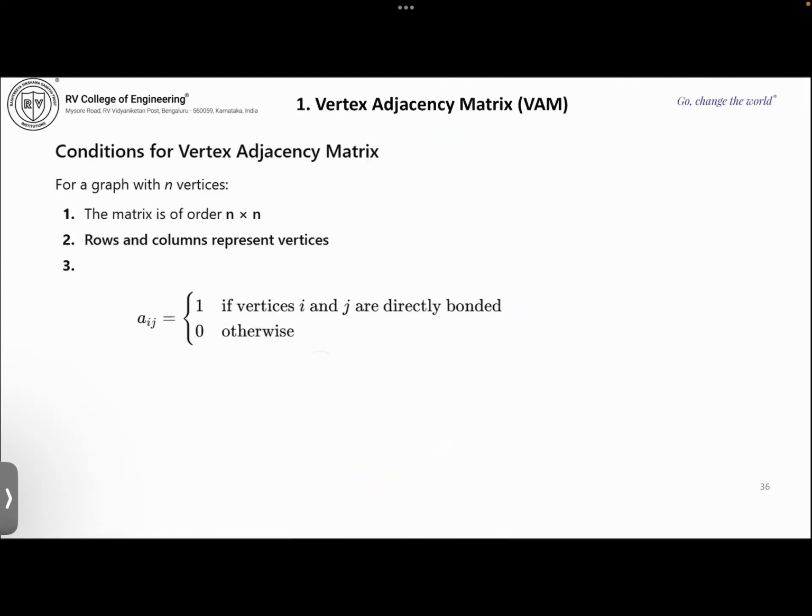Let us look at the conditions for the vertex adjacency matrix. For a graph with n vertices, meaning the number of atoms or nodes, the matrix is of order n × n. Rows and columns represent the vertices. If vertices i and j are directly bonded, it is represented as 1, otherwise 0.